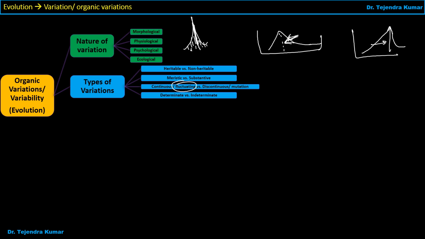Biston betularia is a very common example given for evolution. Biston betularia was the dark colored moth, and it was generally not seen in Britain before the industrial revolution. When the industrial revolution happened, the number of dark colored moths increased.